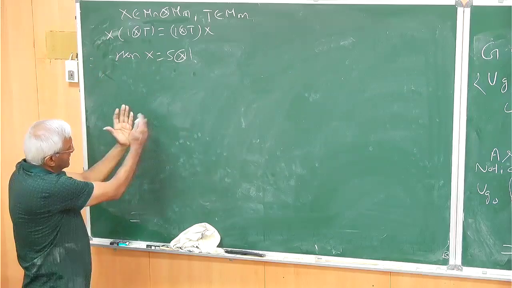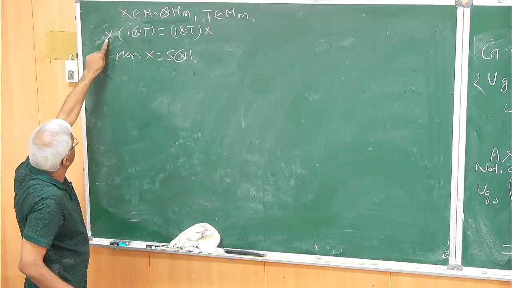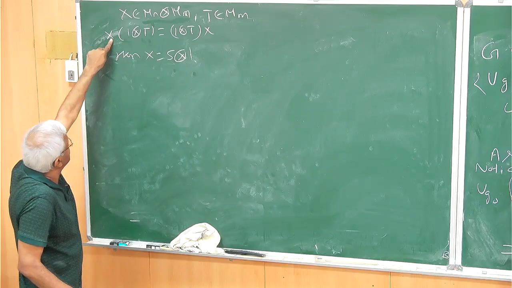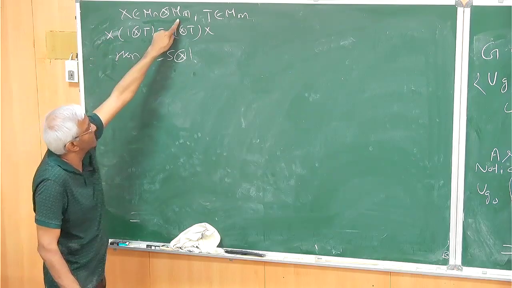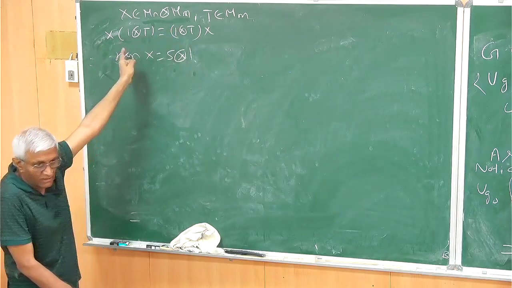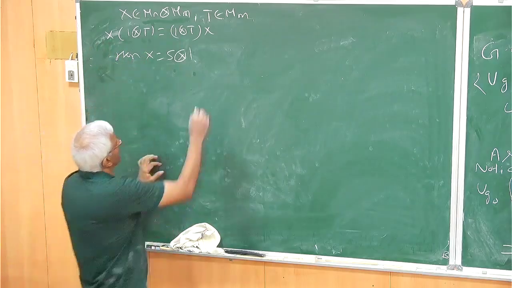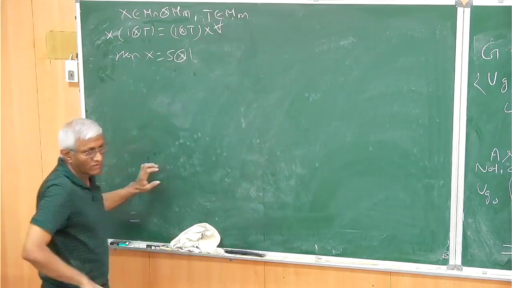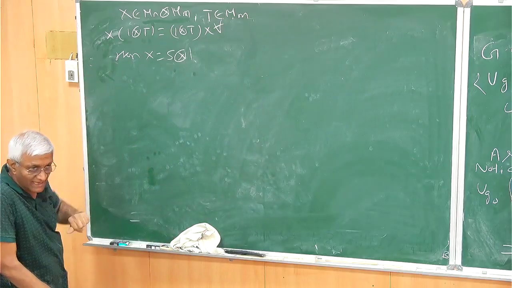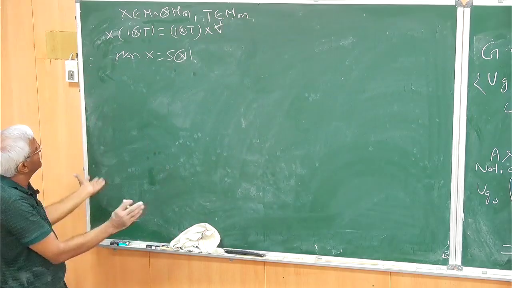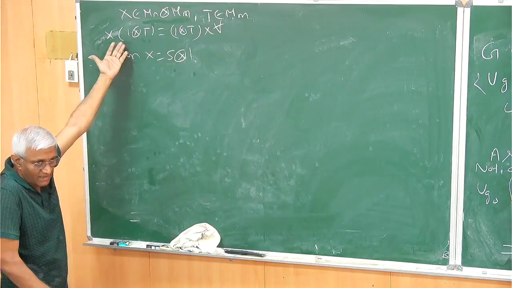So now if you use that matrix relation, each x_ij will commute with all those T, and this is true for all T. So those x_ij have to be scalars. If the entries are scalars, that is clearly in M_n tensor 1.